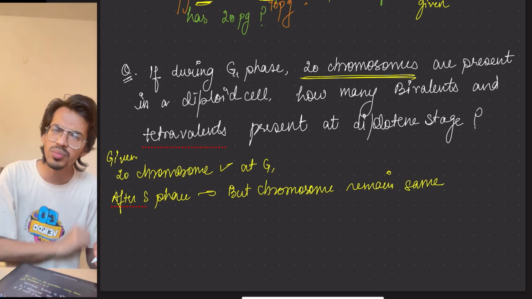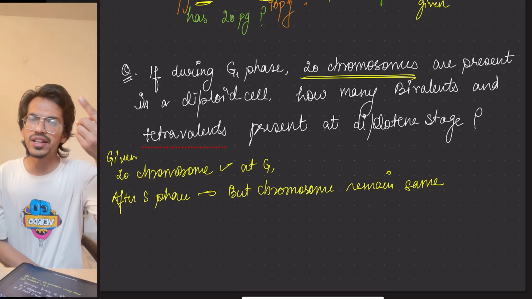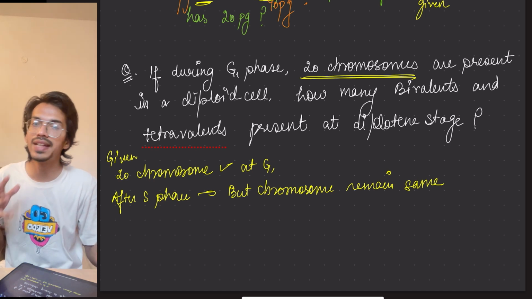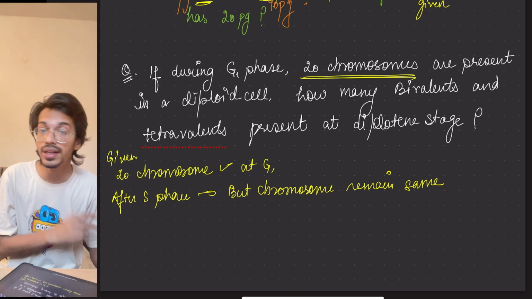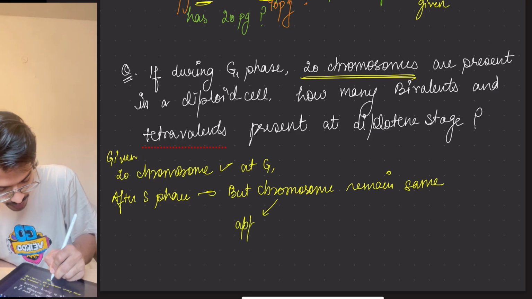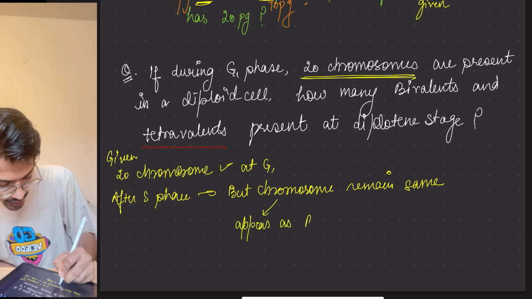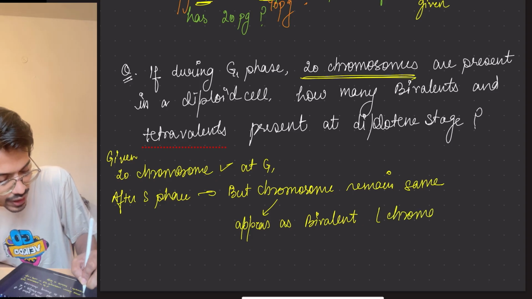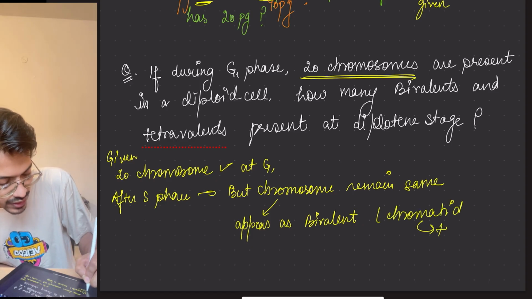But if the chromosomes remain the same, what extra thing forms? We say those structures appear as bivalent or tetravalent. These chromosomes appear as bivalent, or with the term chromatid we call it tetravalent.